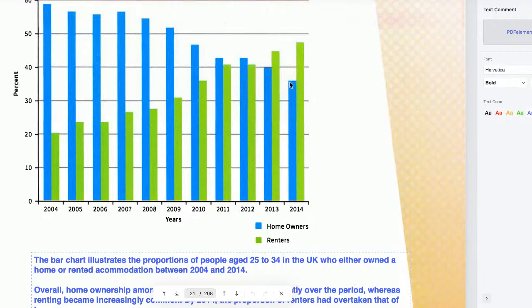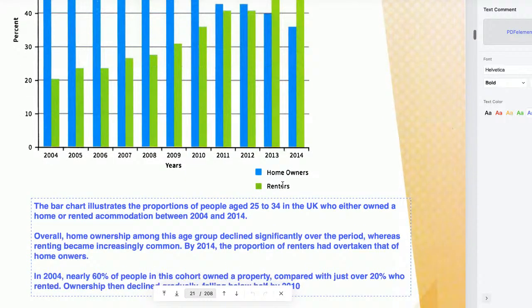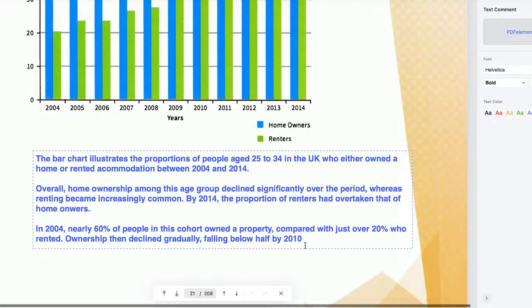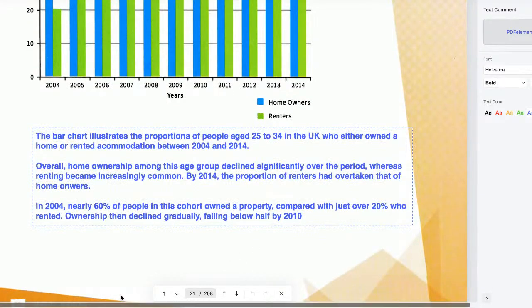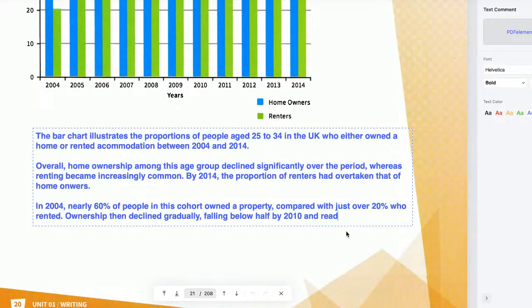I think it's something like 36%, right? Okay, so falling below half by 2010 and reaching around 36%.